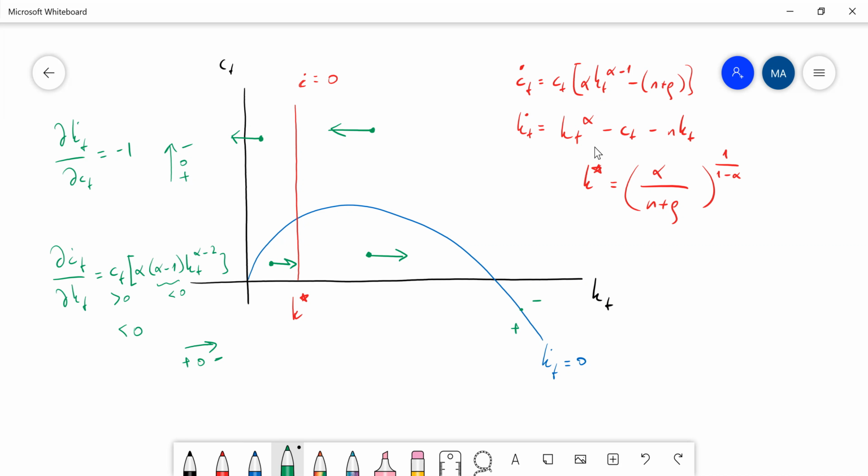So in this direction, I have plus, 0, and negative. On the left of the C dot curve, consumption should increase, and on the right, it should decrease. So I understand the global behavior of the system, and it looks like a saddle path, a saddle point equilibrium, this one.